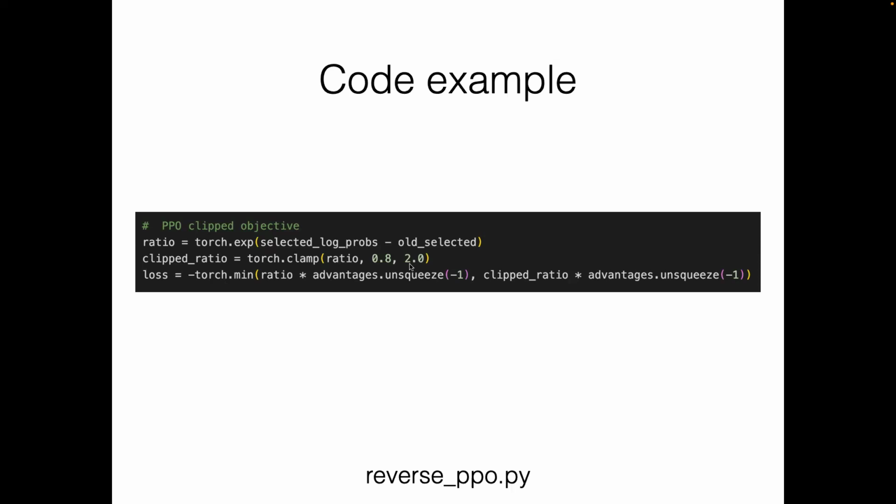Some people have found that if the model gets a high reward, sometimes you actually want it to make a large positive update. So I was playing around with the values here, and you can see that the high epsilon value is set to be 1 plus 1.0, whereas the low one is 1 minus 0.2.